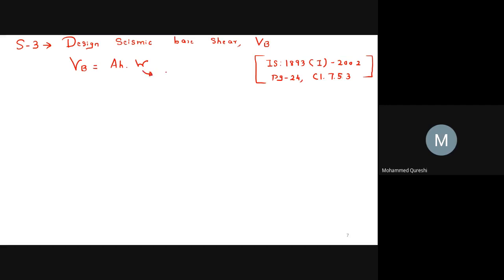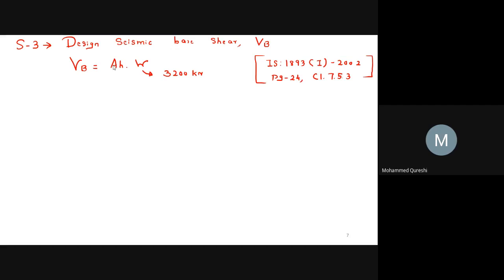We already calculated the value of W in the first step, lump masses at various floor levels, as total seismic weight of the building, 3200 kilonewton. But the value of AH is still unknown for us. What is AH?